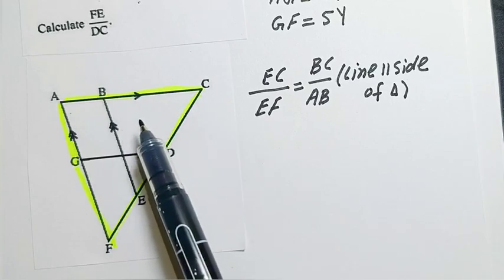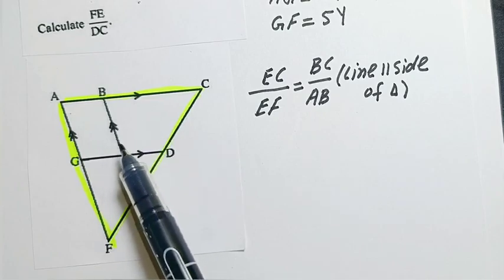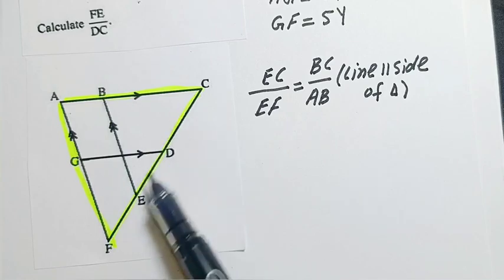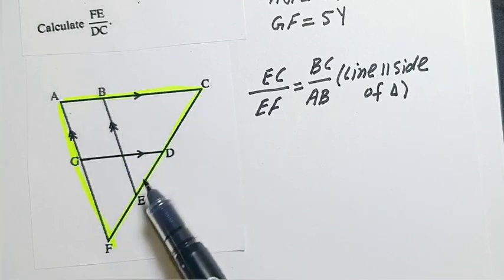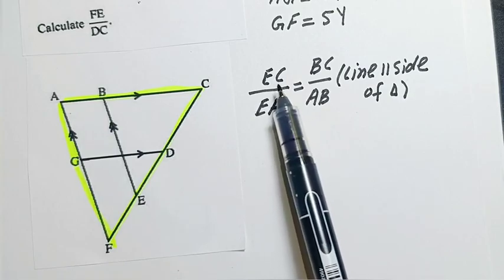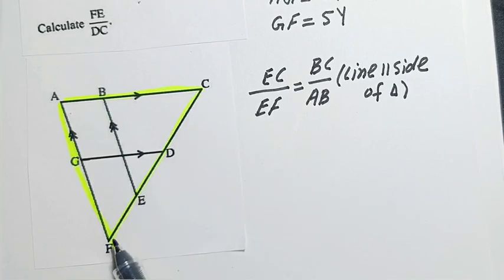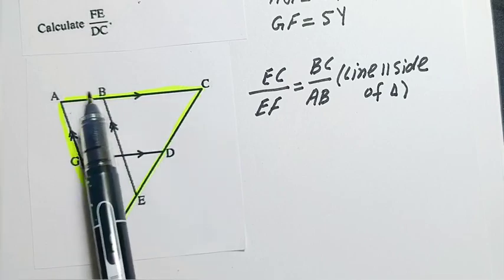Obviously we cannot pull them just like this. We need to apply the proportionality theorem, and then we can pull all the ratios onto FC. Now, EC over EF, because we do have BC over AB.